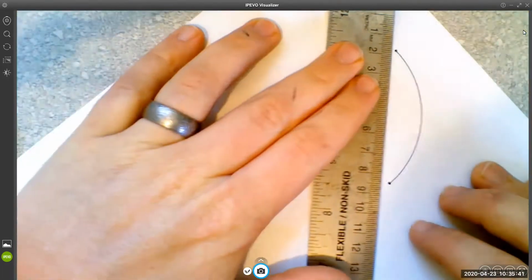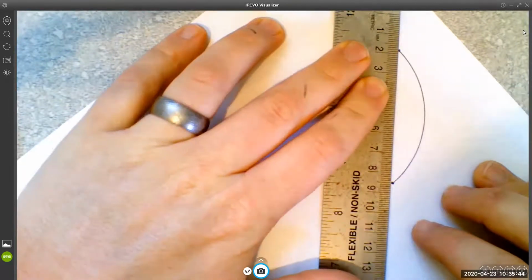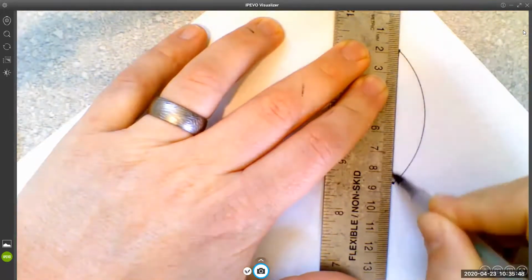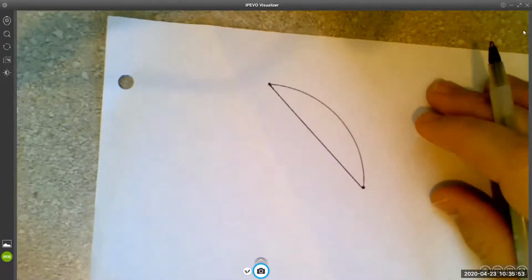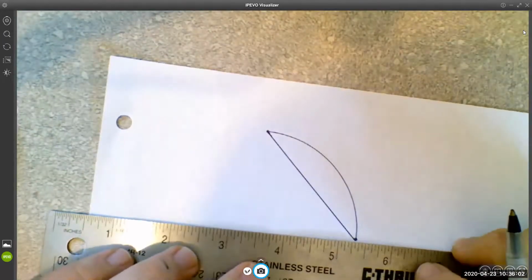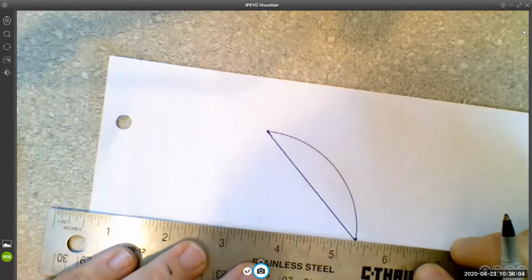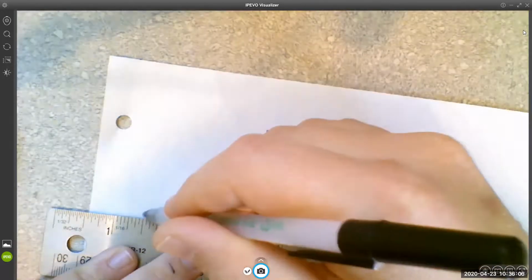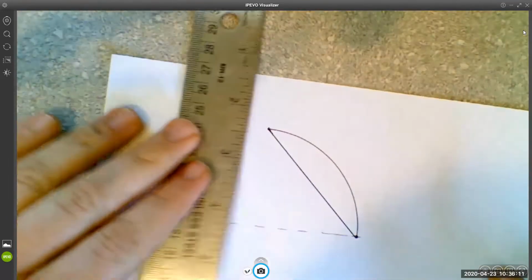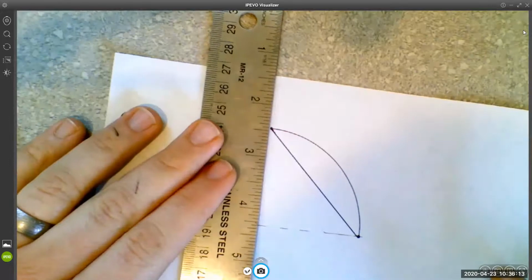But here we go. I'm going to connect this little quarter circle with a straight line segment now. Okay. And then I'm going to draw straight lines that meet perpendicular, hopefully.